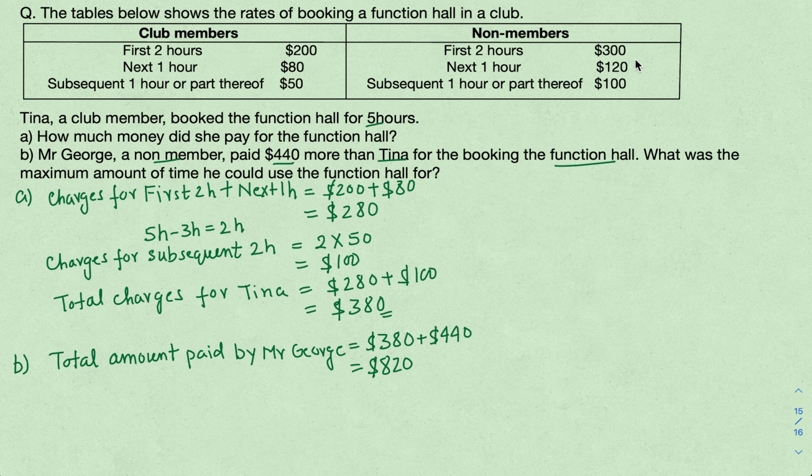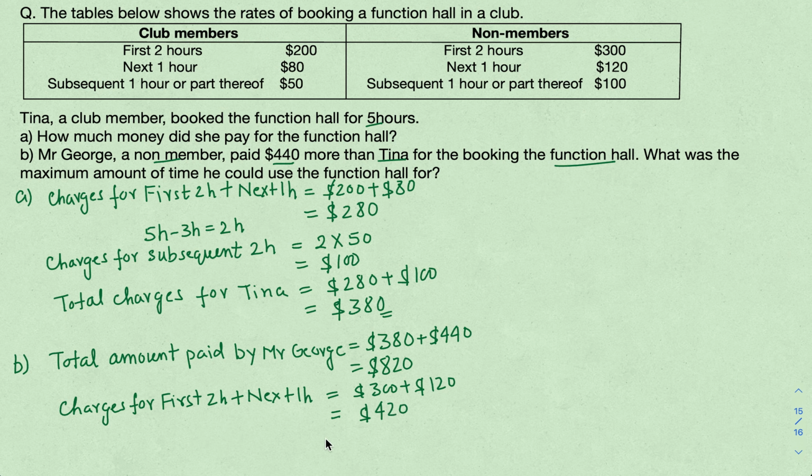So definitely he has used the hall for more than 3 hours. First let's calculate the charges for the first 3 hours. Like we did for Tina, the first 2 hours and the next 1 hour is $300 plus another 120, which gives us $420.